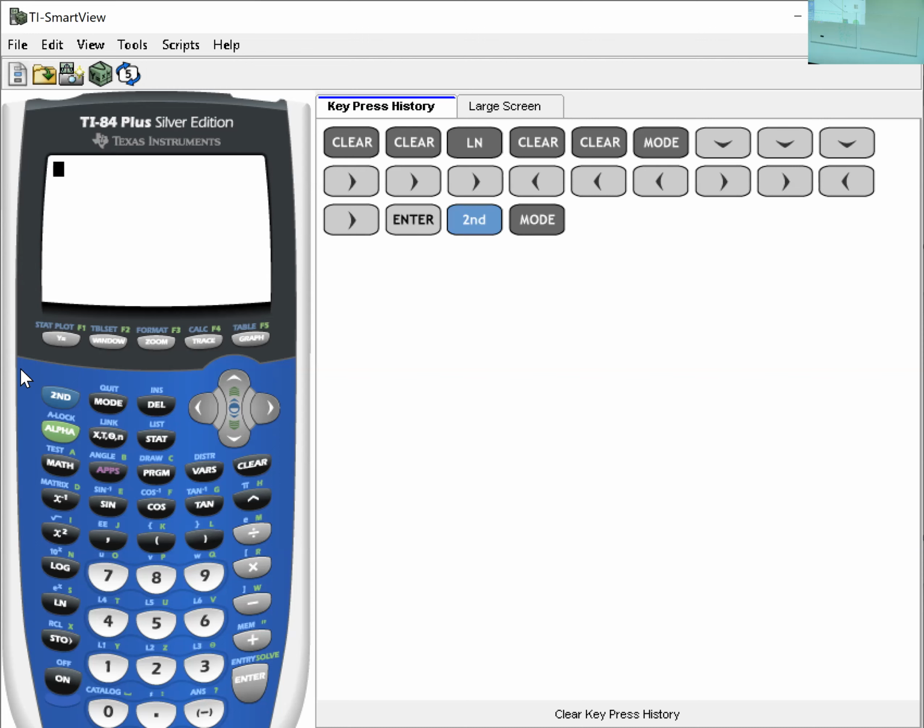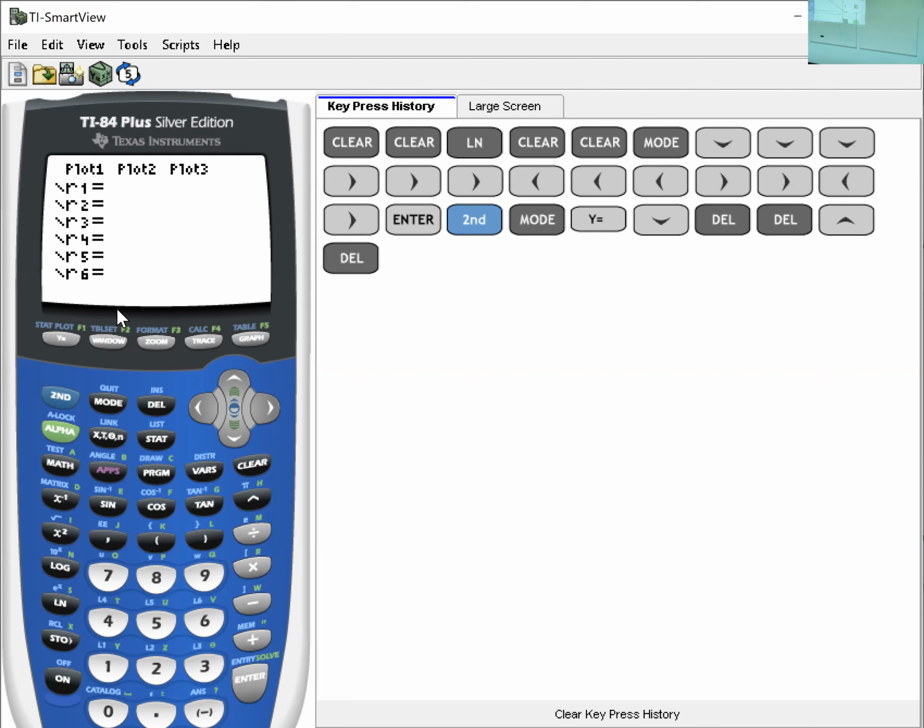Now press Y equals. The letters will have changed from our traditional Y1 equals, Y2 equals to r1 equals, r2 equals, and so forth.